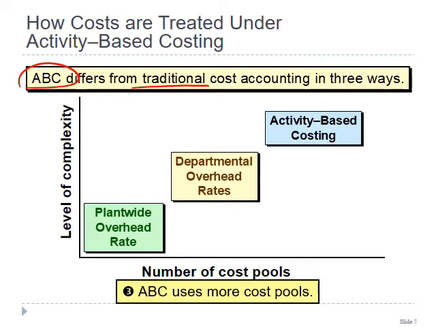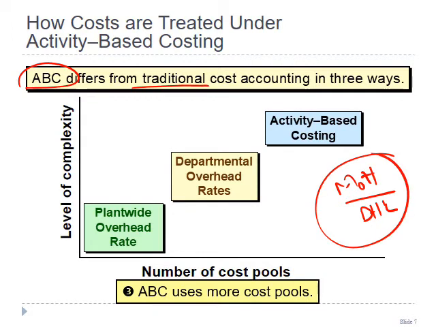In ABC costing, the number of cost pools will definitely exceed one, like in our previous traditional approach in which we have only one base, for example direct labor hours, and manufacturing overhead divided by direct labor hours.